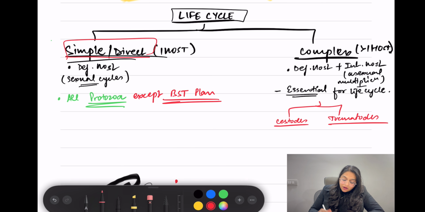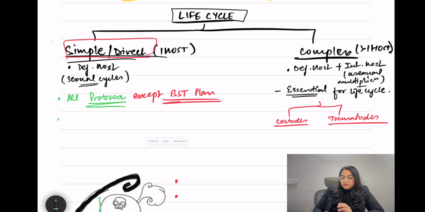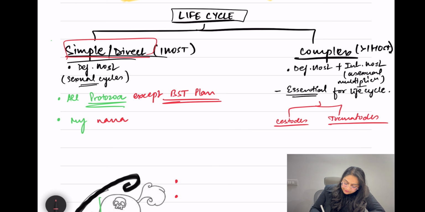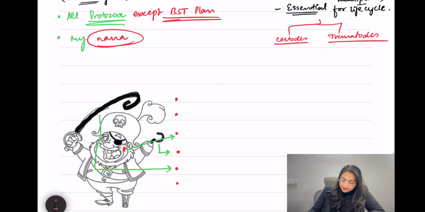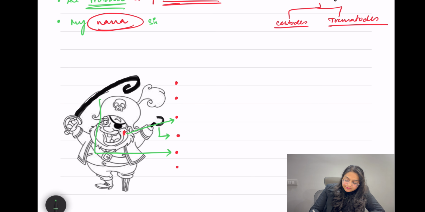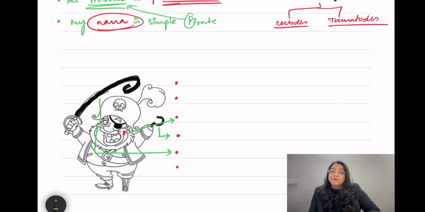Then to remember amongst the cestodes and nematodes which have a direct life cycle, I want you to meet one guy. This guy is my Nana. He's my Nana. Look at my Nana. My Nana is a simple pirate. Simple pirate. P for pirate, P for protozoa. All protozoa except best plan C. Simple life cycle.